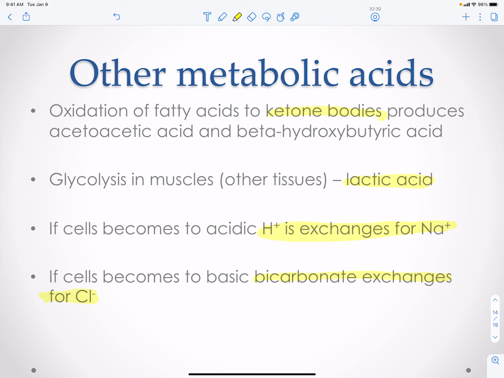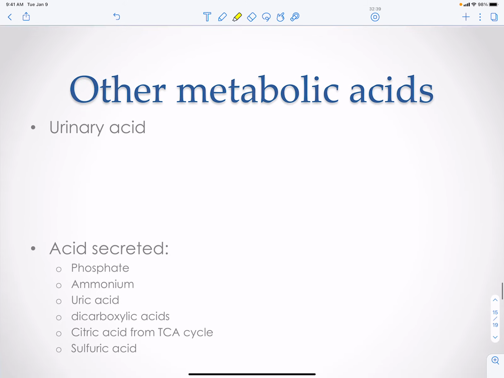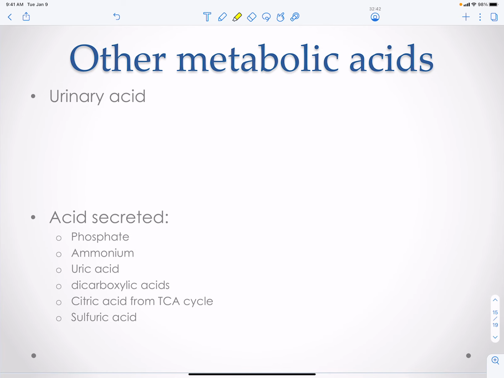And so having those two ions available, it can help to balance acid bases inside of the body. Urinary acid is a non-volatile acid. And it's going to be excreted by the kidneys.